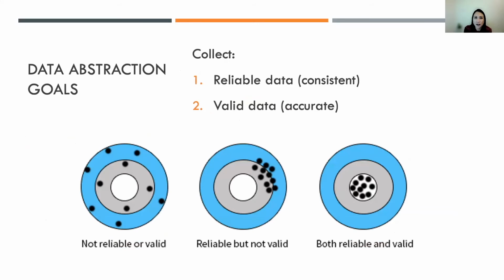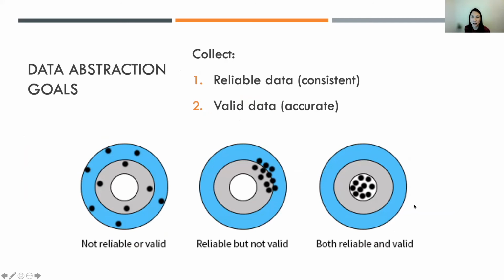So the goals of data abstraction and good data abstraction are to make sure that reliable data are collected, so data are collected in a consistent manner, and that it's also valid, meaning it's accurate. I think we've all seen these figures before, but essentially our goal is to be in the last target, the bullseye here.